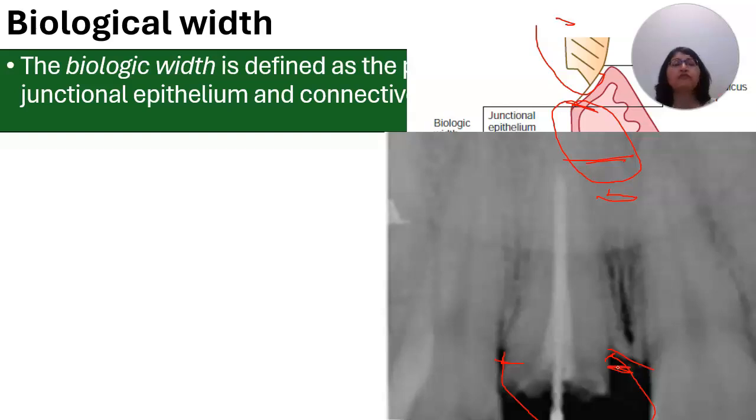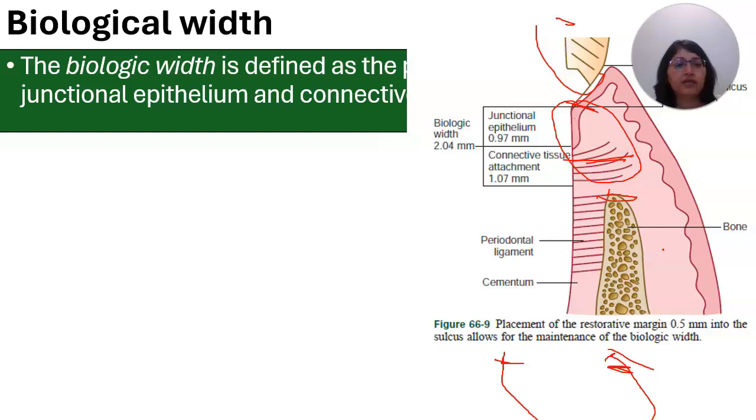That means your gingival tissues, your connective tissues, getting inserted in that area. And if you were to put your margin of the crown or a restorative margin close to that bone, that means you've totally impinged into your connective tissue area, and that's what we call biologic width violation.